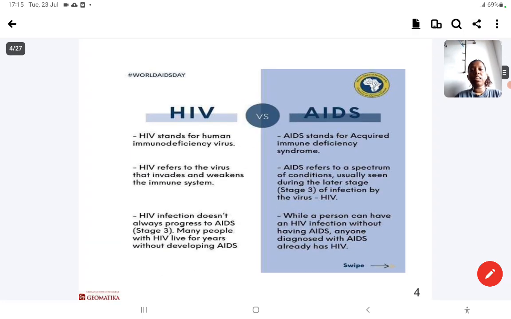Okay, these are the differences between HIV and AIDS. HIV stands for human immunodeficiency virus, and it is referred to as the virus that can invade and weaken the immune system.